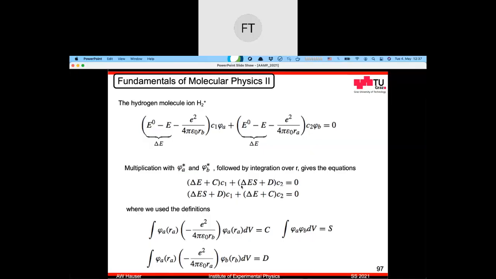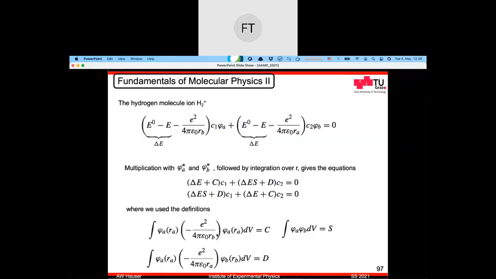And then we have this other type of integral, in two different flavors. One would be the Coulomb term for the proton B sandwiched by orbital phi A left and right. So you see this is what we call a Coulomb type interaction. It's a term where we have the 1/r term multiplied from left and right with the same type of atomic orbital.